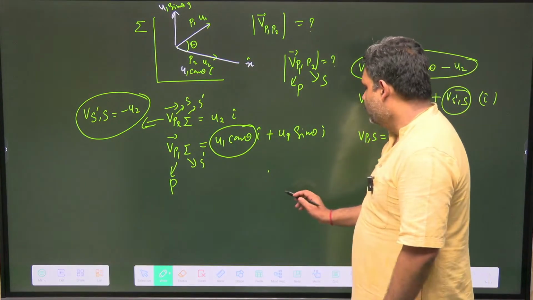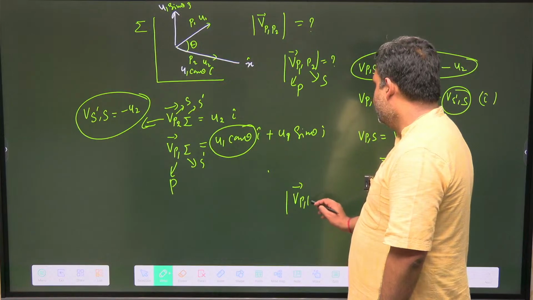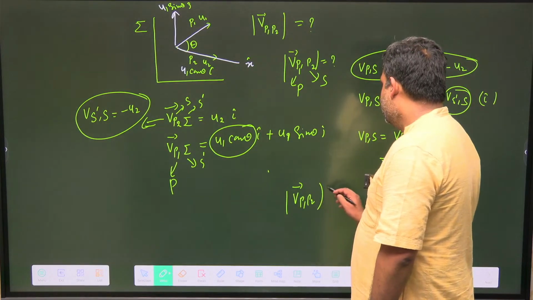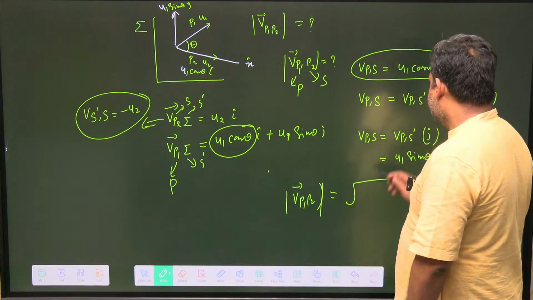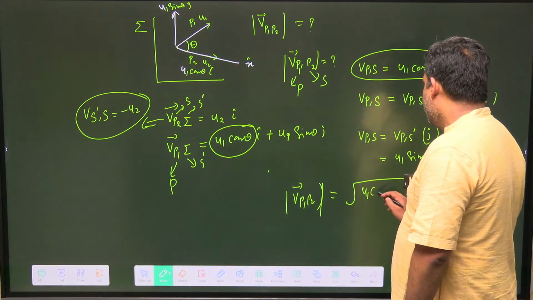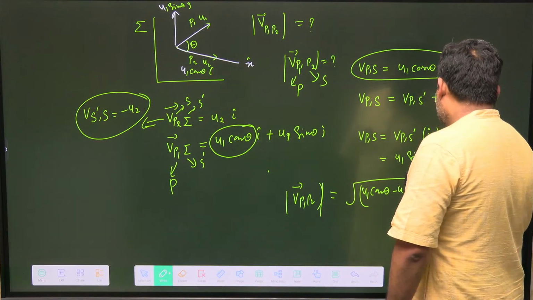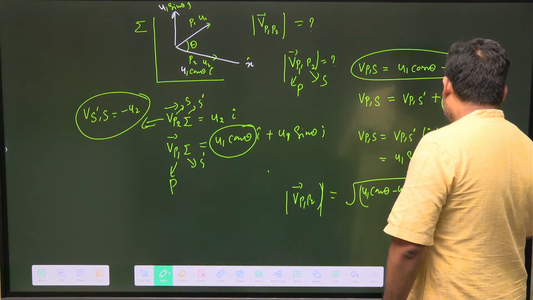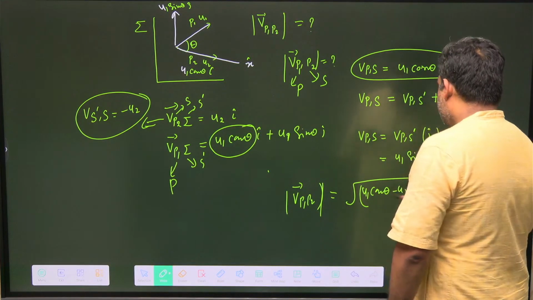And when we calculate the magnitude, the magnitude of P1P2 is equal to the square root of the x direction squared, so (U1 cos theta minus U2) whole squared plus (U1 sin theta) whole squared.